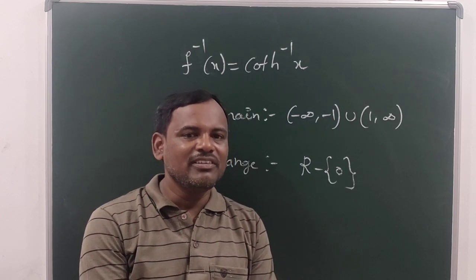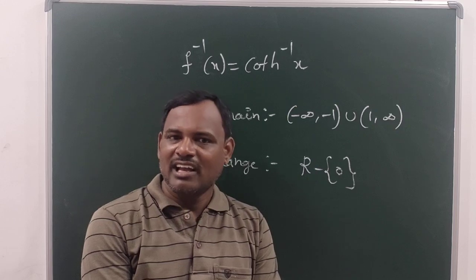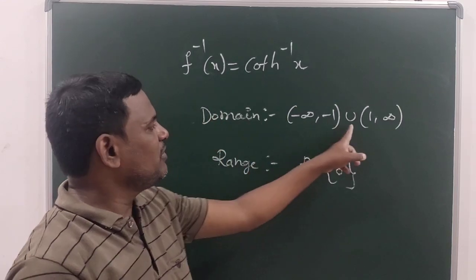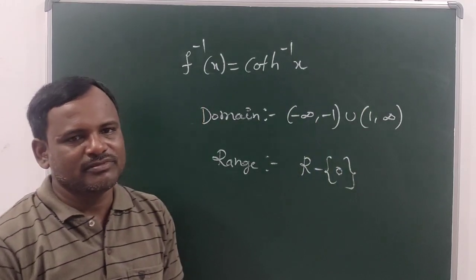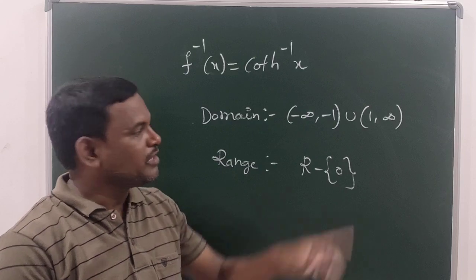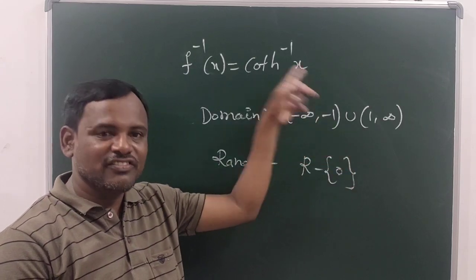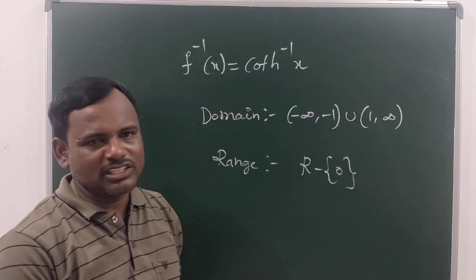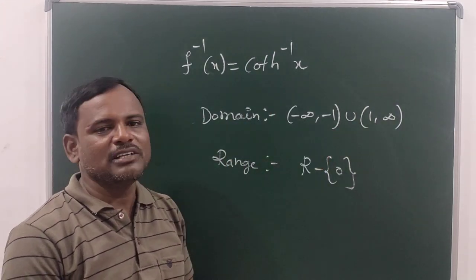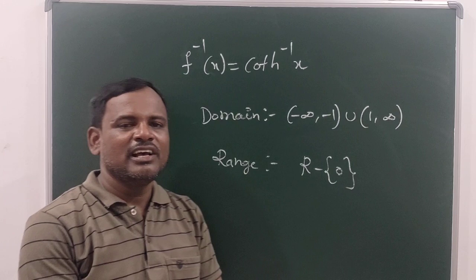Invertible means the inverse of the function exists. Okay, hence this will be the domain. Whereas this will be the range. So actually this was a range for the hyperbolic cotangent function. But when you go for whose inverse, this will come as a domain and this will come as a range.